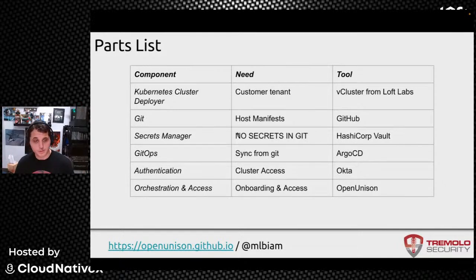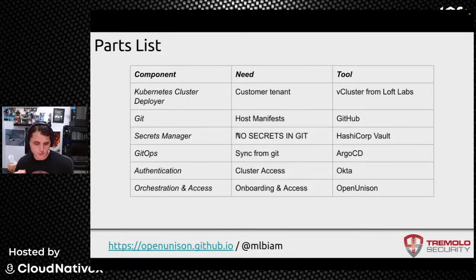For secrets management, we're going to use HashiCorp Vault, and we're going to use it in a multi-tenant fashion. Now, we're not going to dive into how to configure a multi-tenant Vault. That's another show. But we are going to show how each vCluster is going to be registered in Vault so that it can securely communicate with Vault to retrieve secrets out of Vault for workloads in that vCluster.